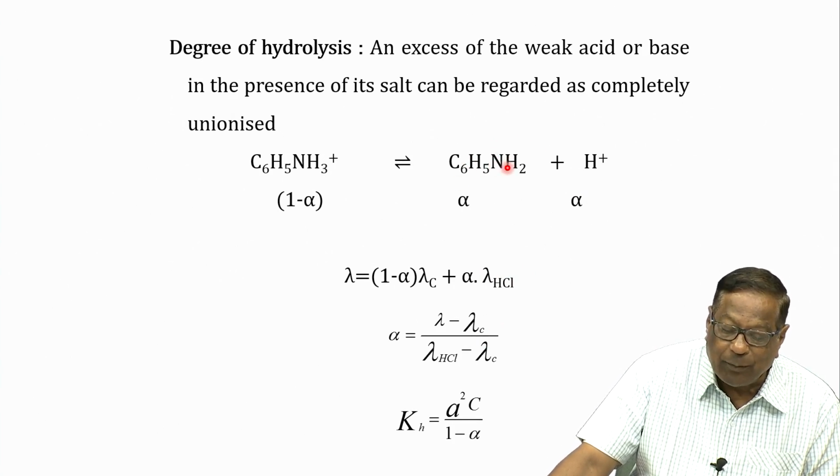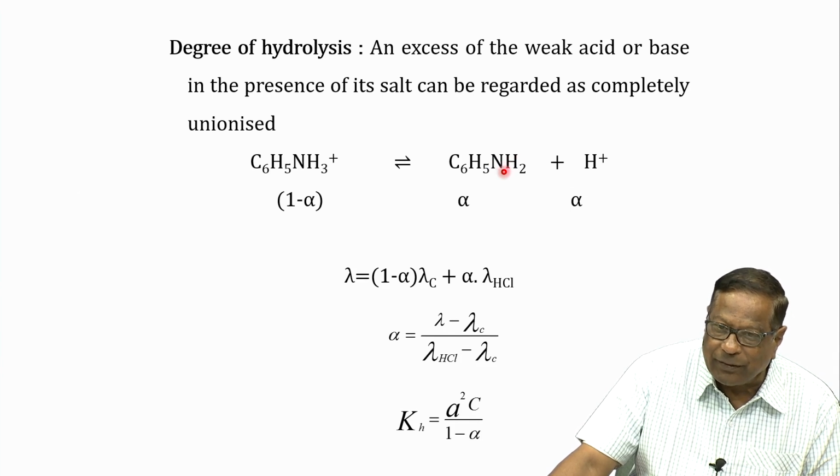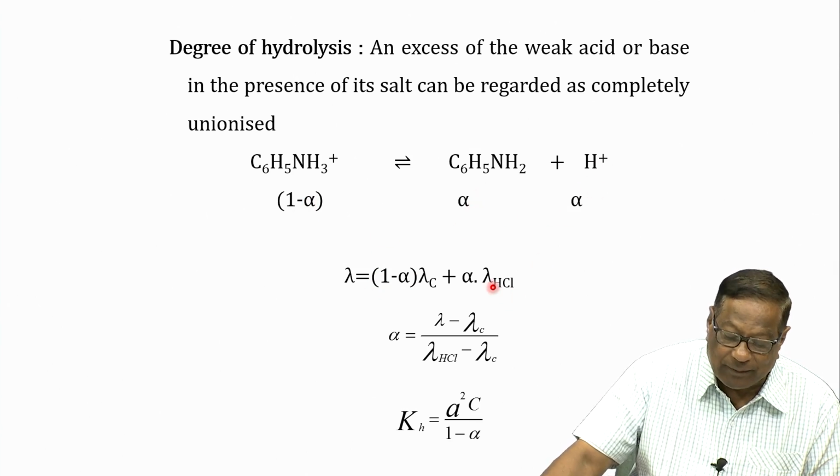C6H5NH2 being a molecule is not ionized, so it will not contribute to the conductance. So, we neglect this. The total conductance lambda is given by this term as well as this term, that is all, this term alpha into H plus.